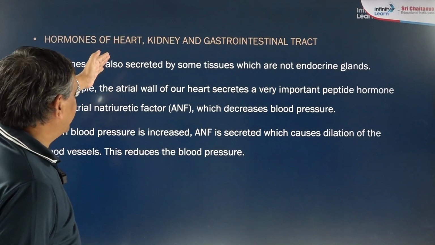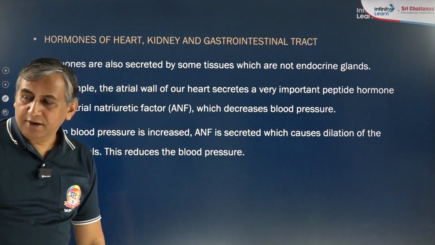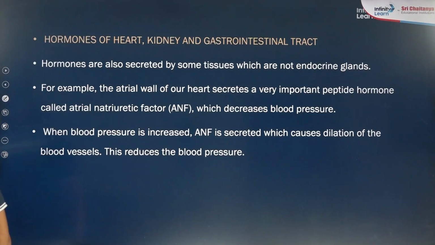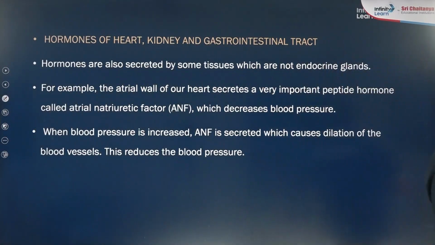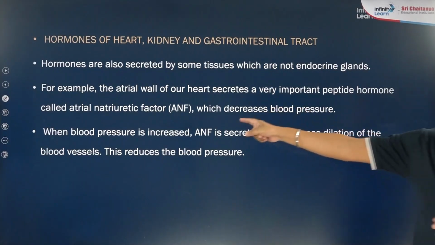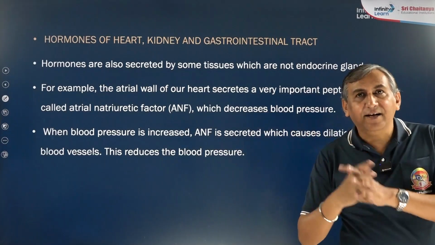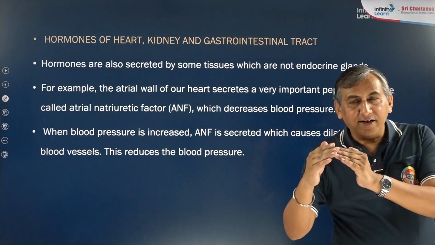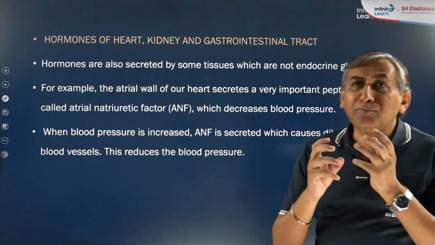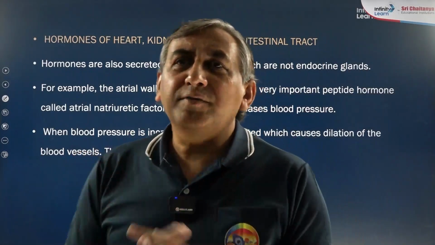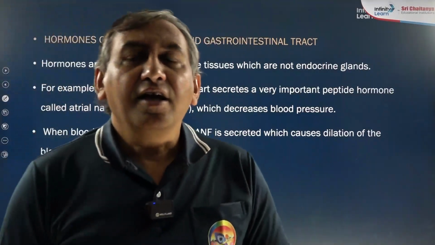First, the heart. The heart secretes one hormone known as ANF. Please see the board: ANF, atrial natriuretic factor. Try to get the meaning. In zoology, every term has its meaning.